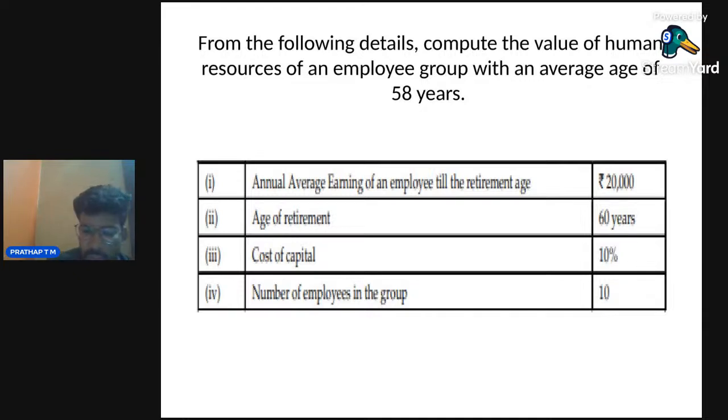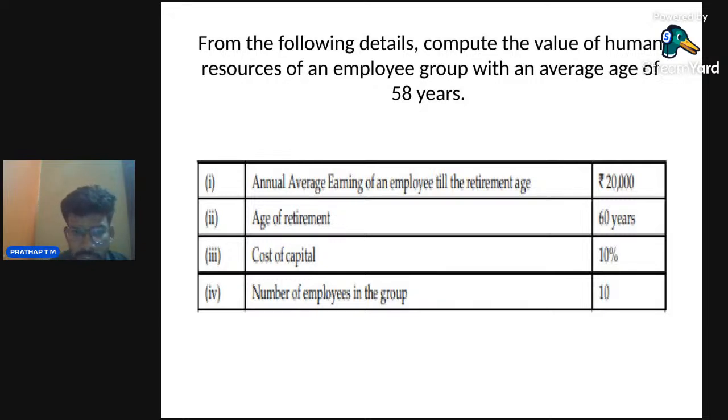1.1 to the power of 2, which they are considering. Next it is 20,000, same, 1.1 to the power of 1, that is 60 minus 59. I hope you are aware how you determine the value: 1.1 into 1.1 gives 1.21.